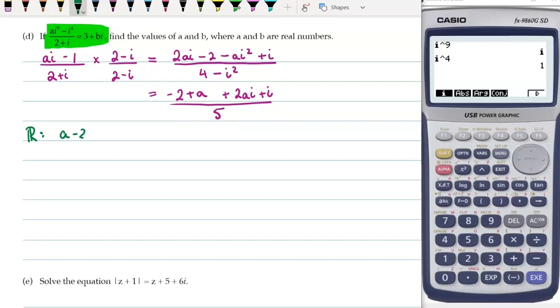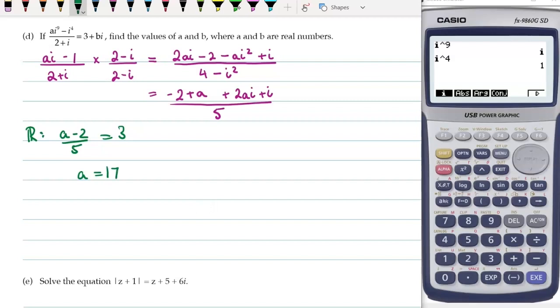So a minus 2 over 5. And the real part in the 3 plus bi is the 3. So then a has got to be 3 times 5, which is 15, and add on the 2, so that is 17.